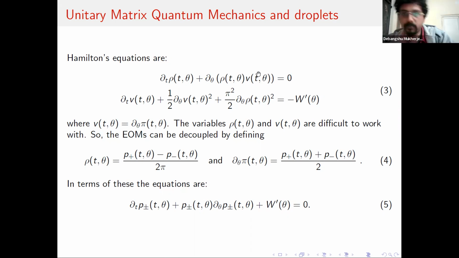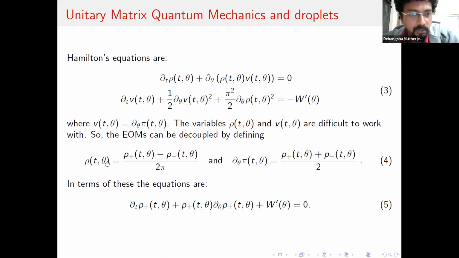So what we get from this particular Hamiltonian are Hamilton's equations, and you can see there is an analogy with fluid dynamics, where the first equation is essentially the continuity equation, and the second one is something akin to the Navier-Stokes equation. This variable dv is the flux of pi, essentially. Of course, this set of equations is very difficult to deal with because they are coupled and non-linear.